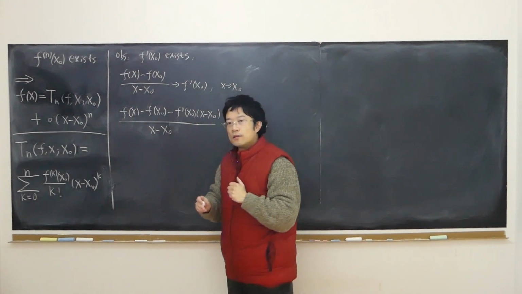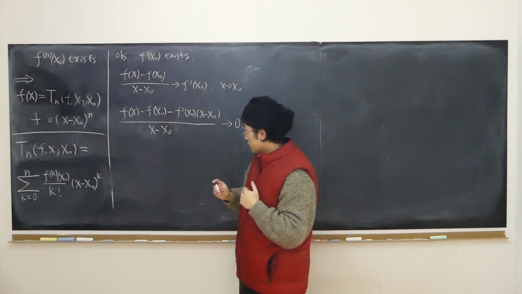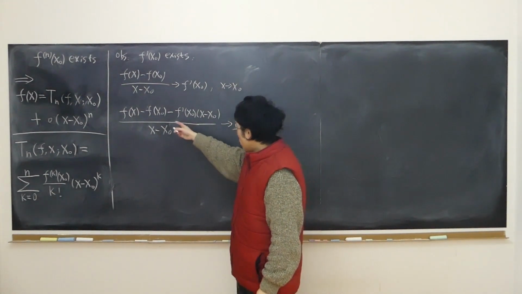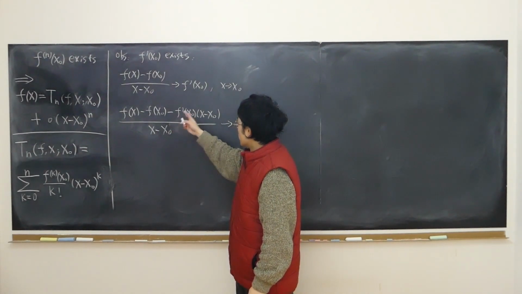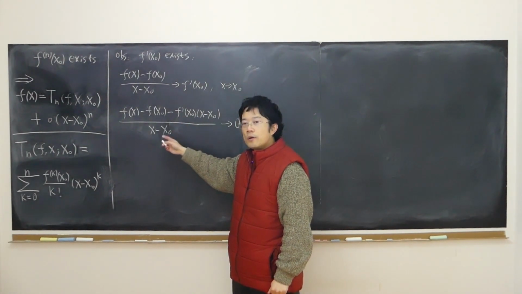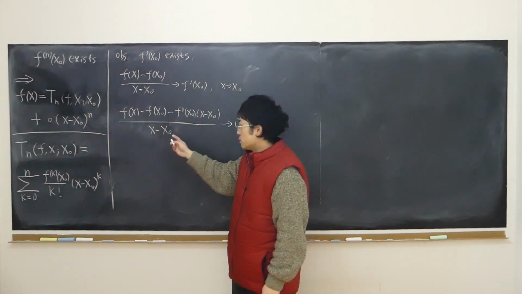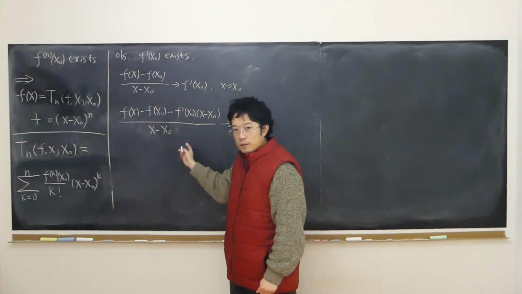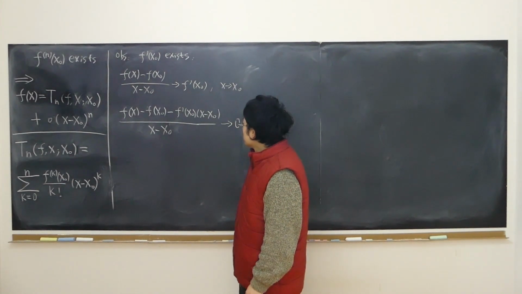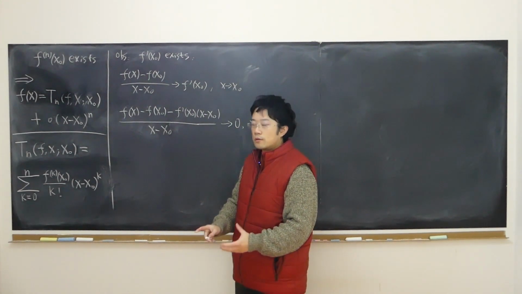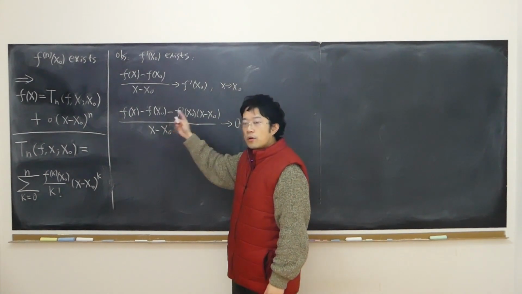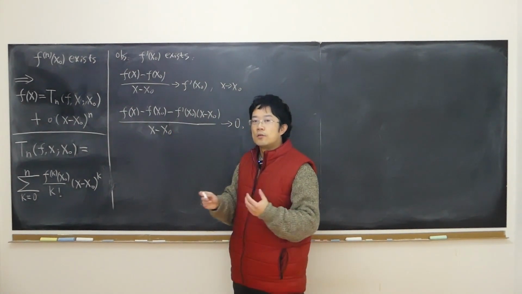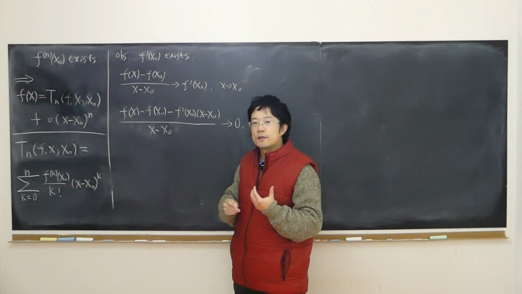So the only possible explanation is that the top infinitely small amount is even smaller than the bottom infinitely small amount, which means the top approaches 0 faster than the bottom. That's what it means by little omicron. So the top quantity can be denoted as little omicron of x minus x naught.